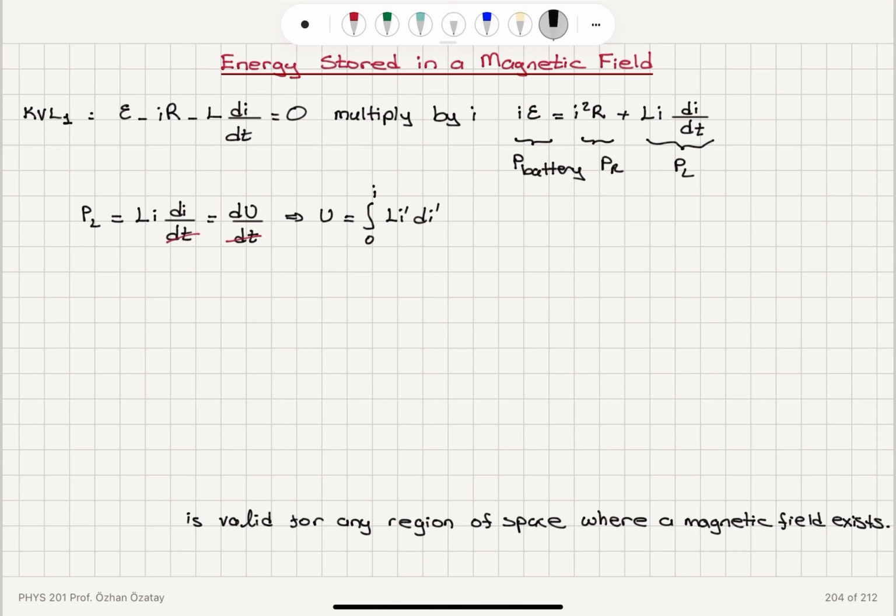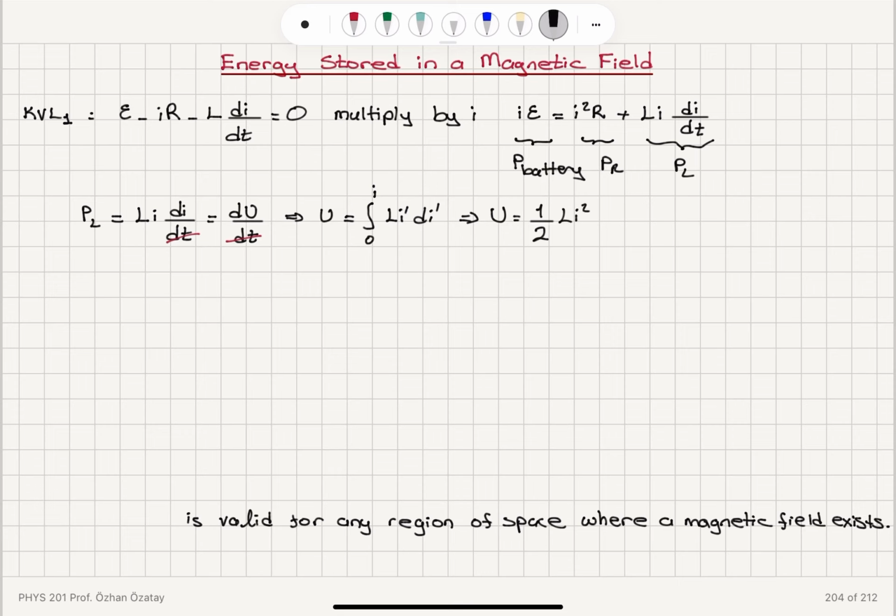Okay, so if I look at the change in the potential energy from zero current to current I, it's basically the integral L I prime di prime. Okay, so this gives me the potential energy U, 1/2 L I squared.